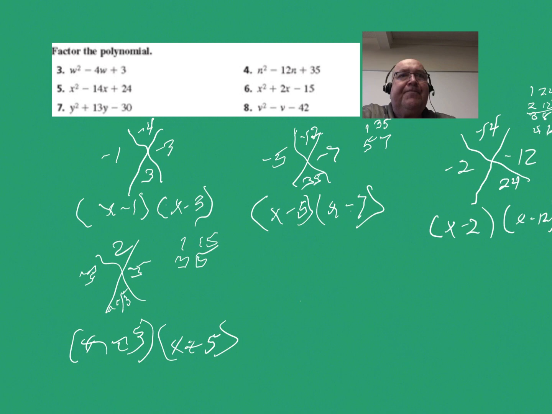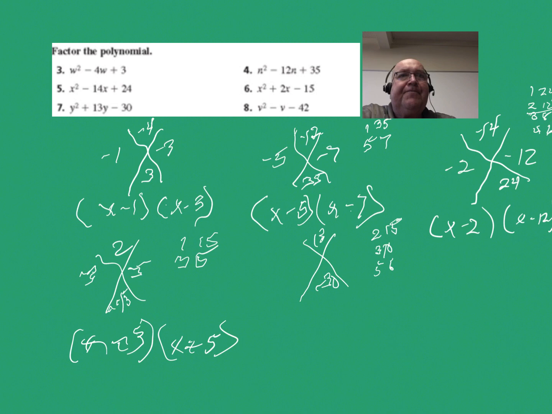All right, let's look at the next one here. We have -30, we have 13 in the middle. So we know we're going to have a positive and a negative, and we're going to find a difference. So I know I can multiply 5 and 6, 3 and 10, and 2 and 15.